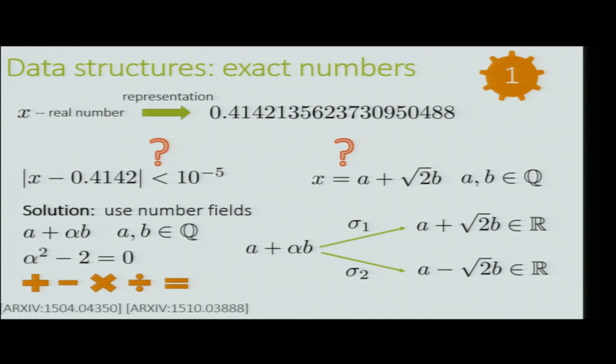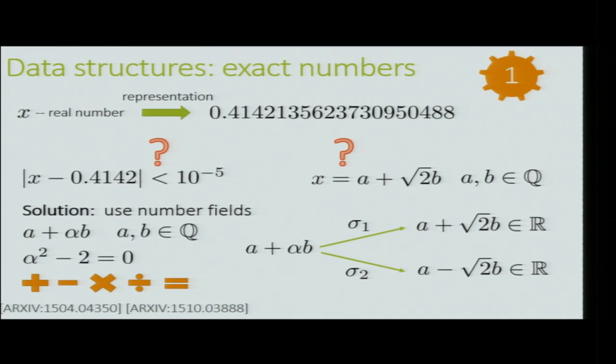What is good about this representation is that you can perform arithmetic operations, addition and multiplication, in it, and then come back to your real numbers. To come back to real numbers, you assign to alpha a root of this polynomial. This is a degree 2 polynomial, so there are two ways to assign real numbers to a plus alpha b.